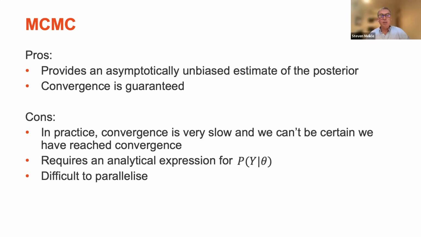And in fact, we can't be certain when we've reached convergence. Secondly, it requires an analytical expression for the likelihood function. So that was one of the entities that we needed to make that acceptance rejection test. And finally, it's a difficult algorithm to parallelize.